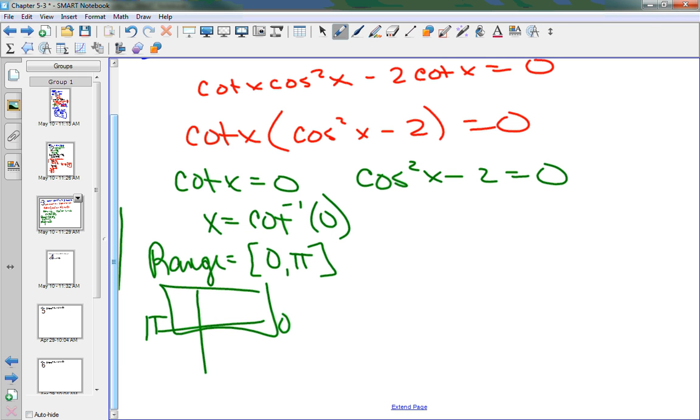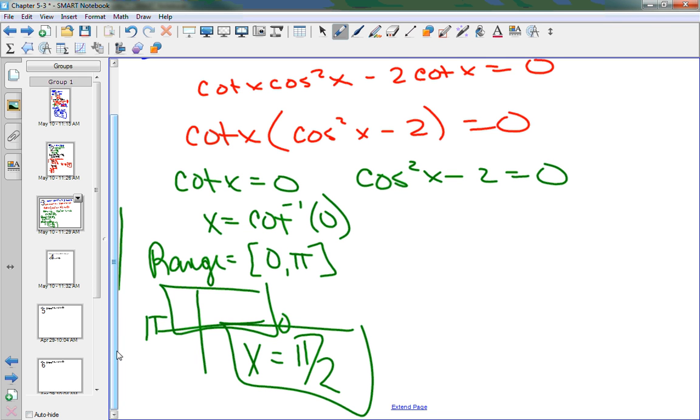Are we all certain of that? So x in this case is going to be pi over 2. Do we all get that yet? No. I pray that you do. Because if I go back over that, whew. Go to the next one.